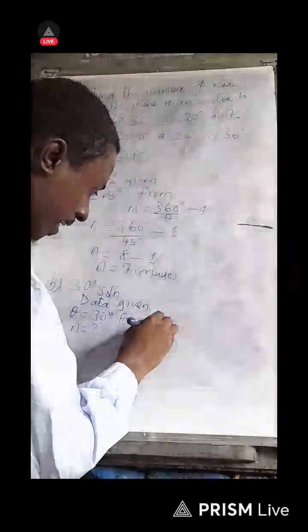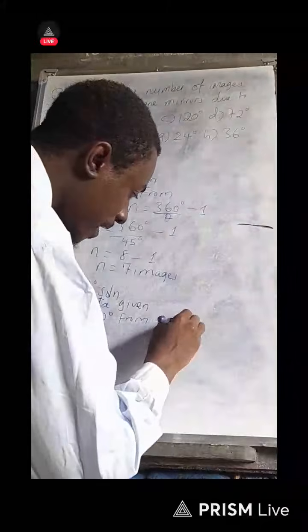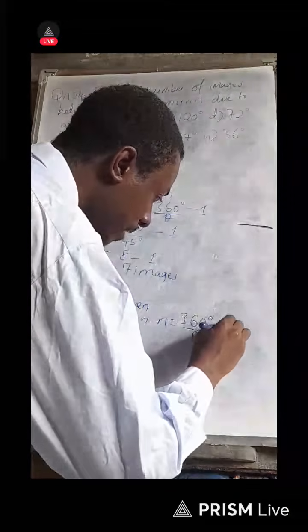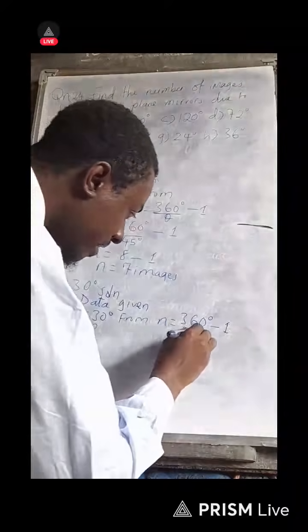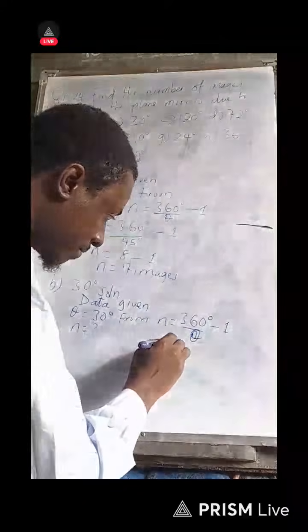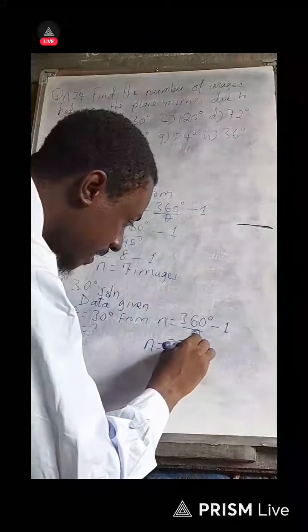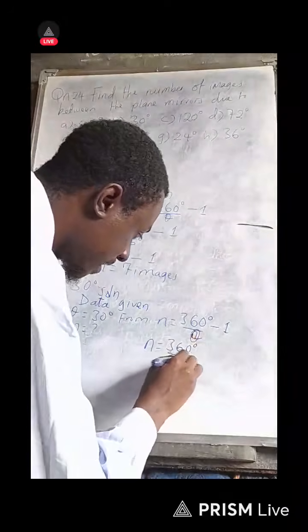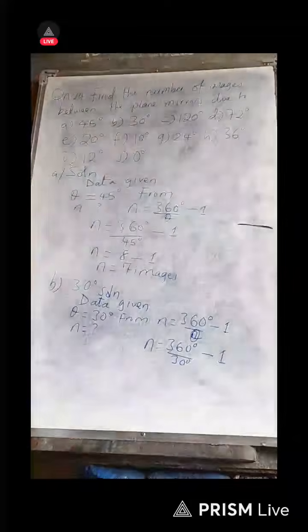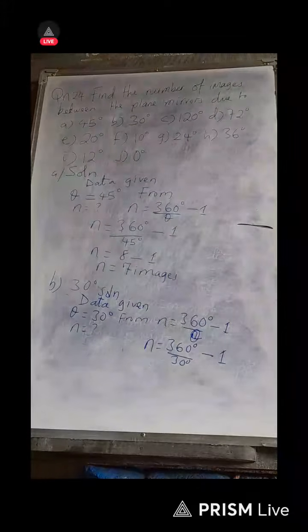From our formula, n is equal to 360 degrees over theta, minus 1. So the number of images will be 360 degrees divided by 30 degrees, minus 1.